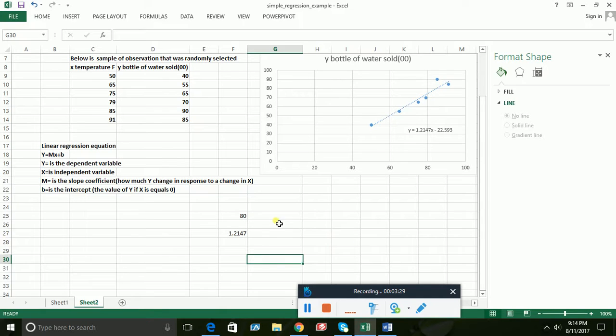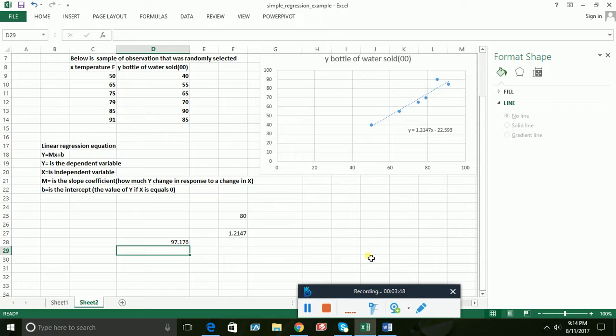So how do you calculate that? You come over here using Excel, so you don't go out. You put 80 times, you bring that in there, then enter.